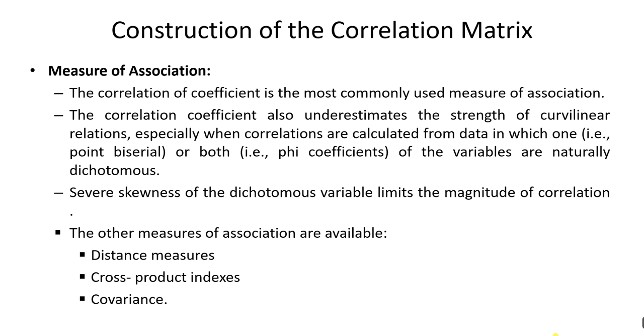Despite this, the correlation matrix is the most important. The product moment correlation or a similar correlation coefficient, depending on the nature of the data, is the most commonly used measure of association. However, there are other measures of association that can be used. Here I would like to say that when you have scores of an individual on two or more variables, then the scores basically represent the profile of that individual.